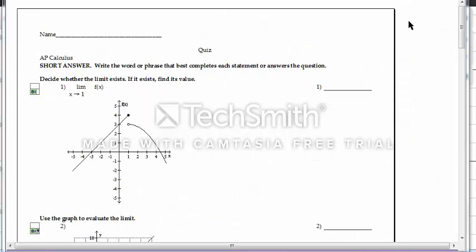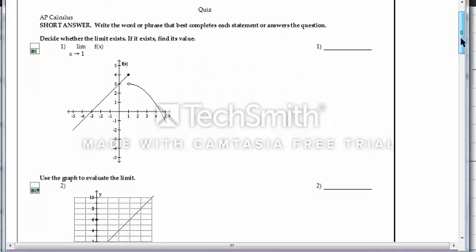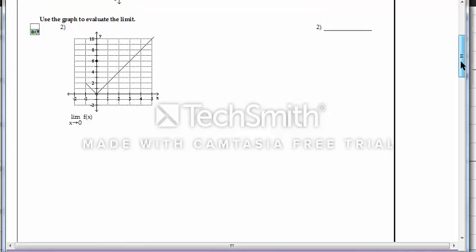Now that we've gone over those examples of determining the limit of a function by examining its graph, you're going to go ahead and do these questions for a quiz. On the very first question, you'll be determining the limit of this function by examining this graph as x approaches 1. You'll then be determining the limit of this graph as x approaches 0.